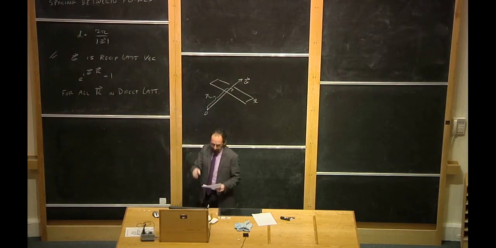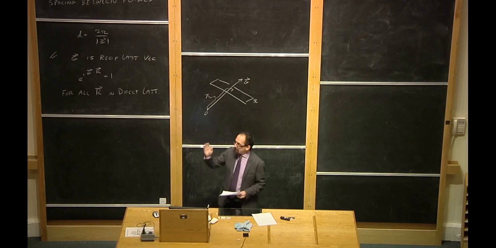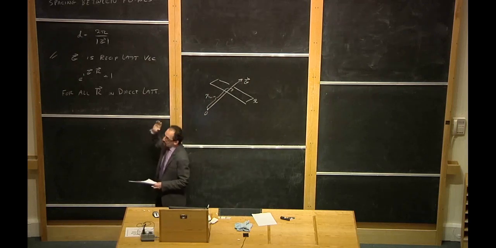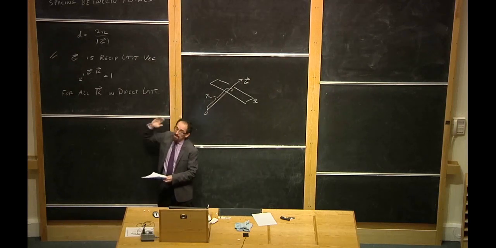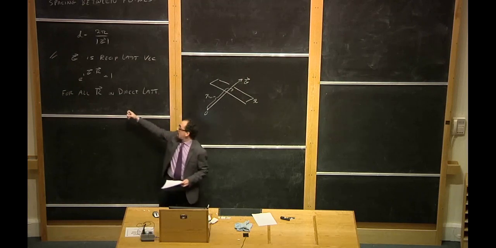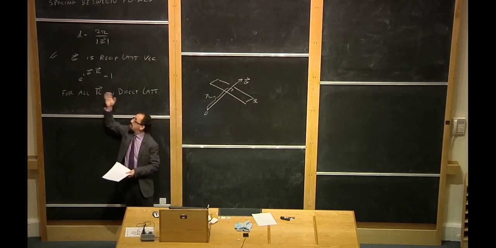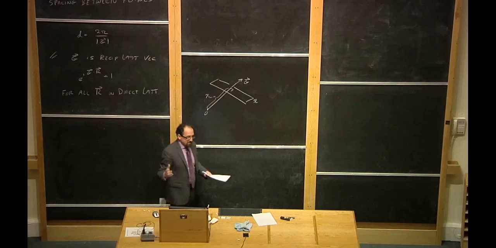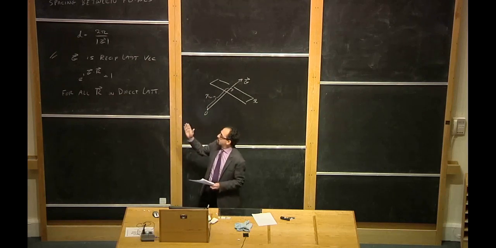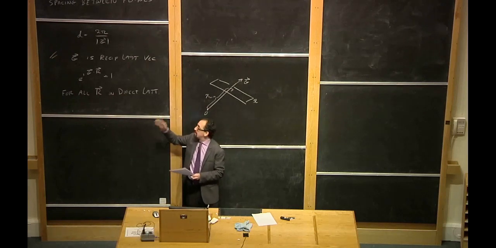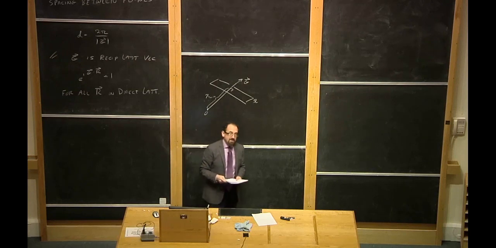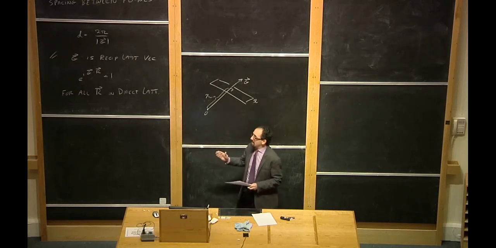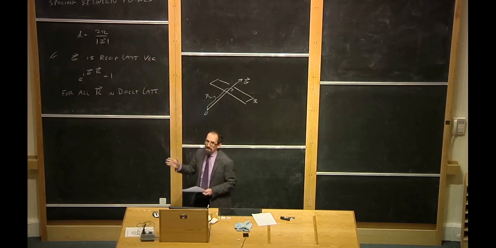So what that tells us is that every lattice point is going to be included inside this set of planes, because any r will have to satisfy e^(i G·r) = 1 if G is a reciprocal lattice vector. So all of our lattice points in the direct lattice are going to be included in this set of planes that we just defined. However, it does not mean that every plane cuts through lattice points.